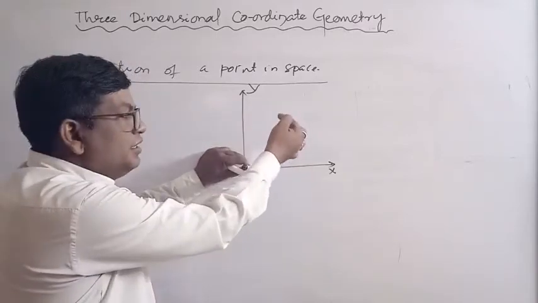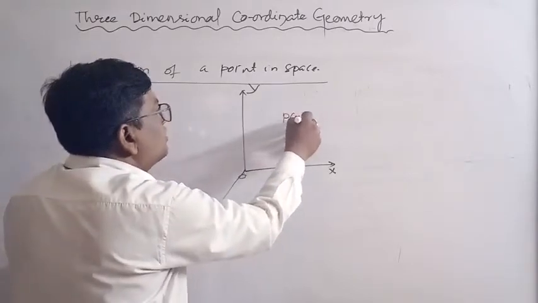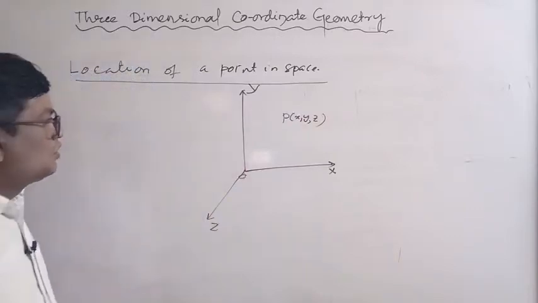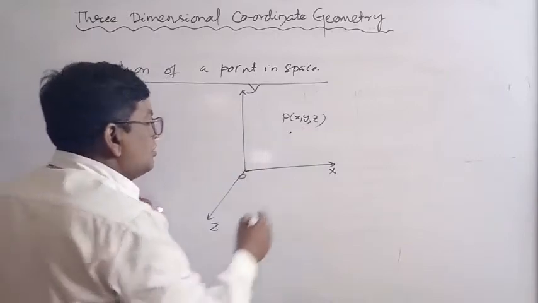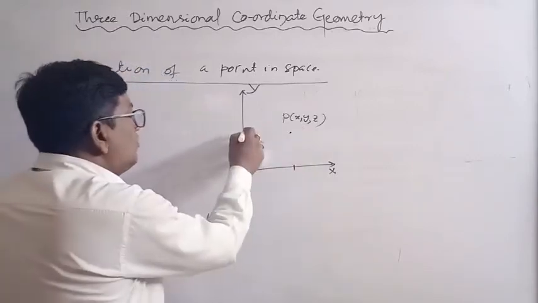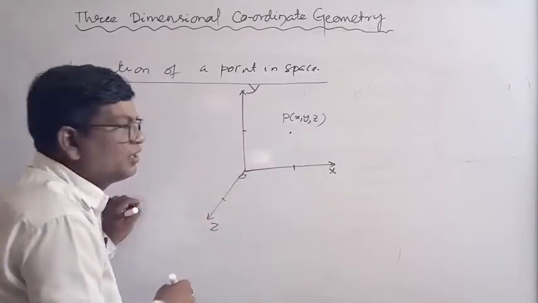Suppose this is the point P of x, y, z in space. Draw x units here, y units here, and z units here.